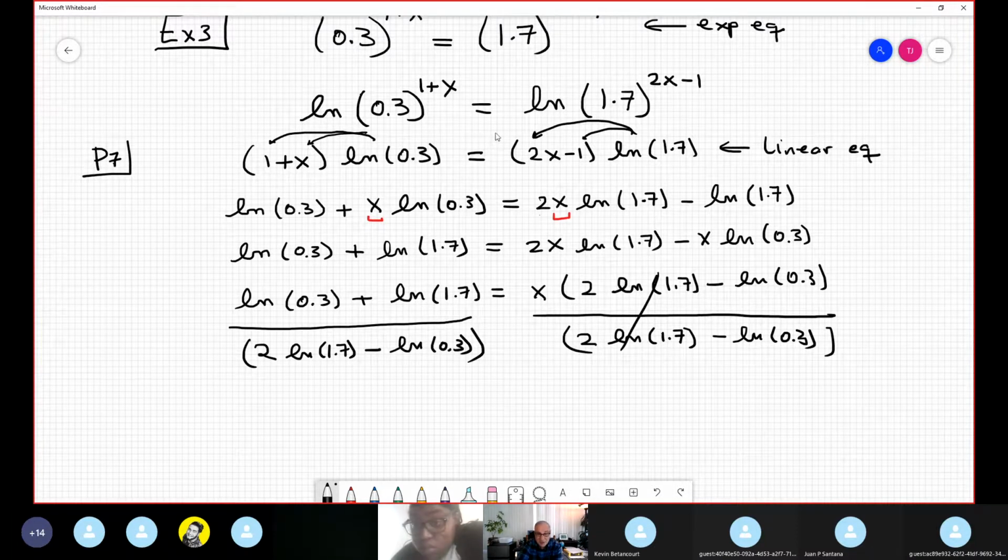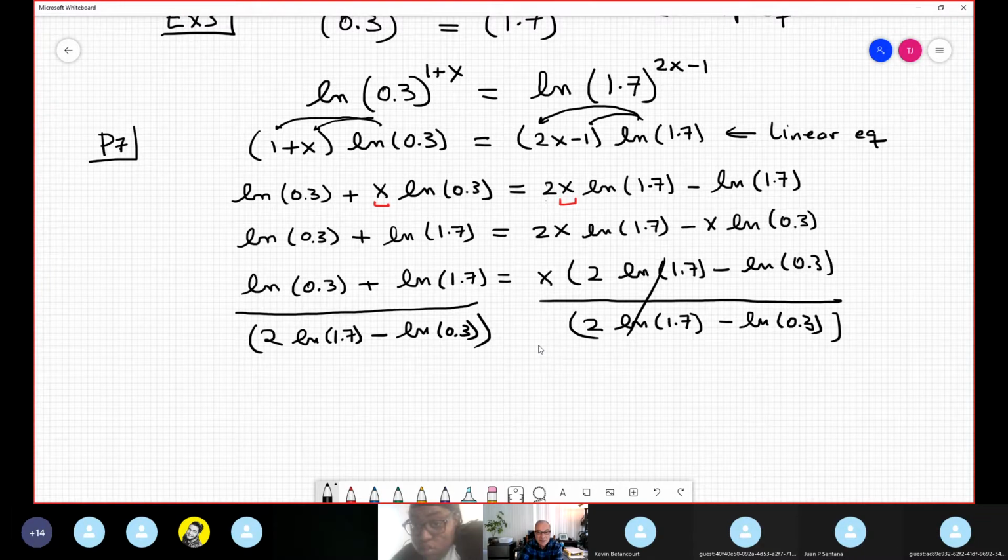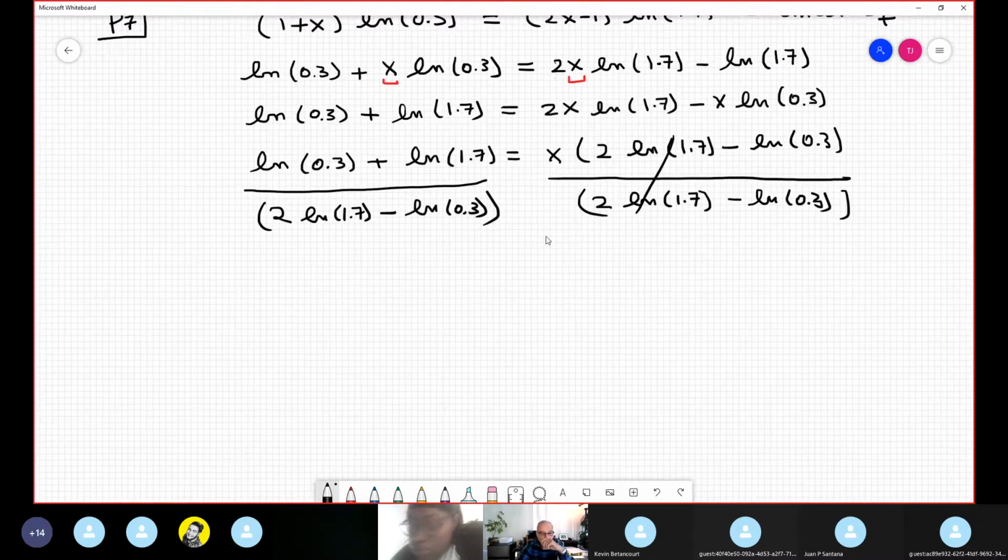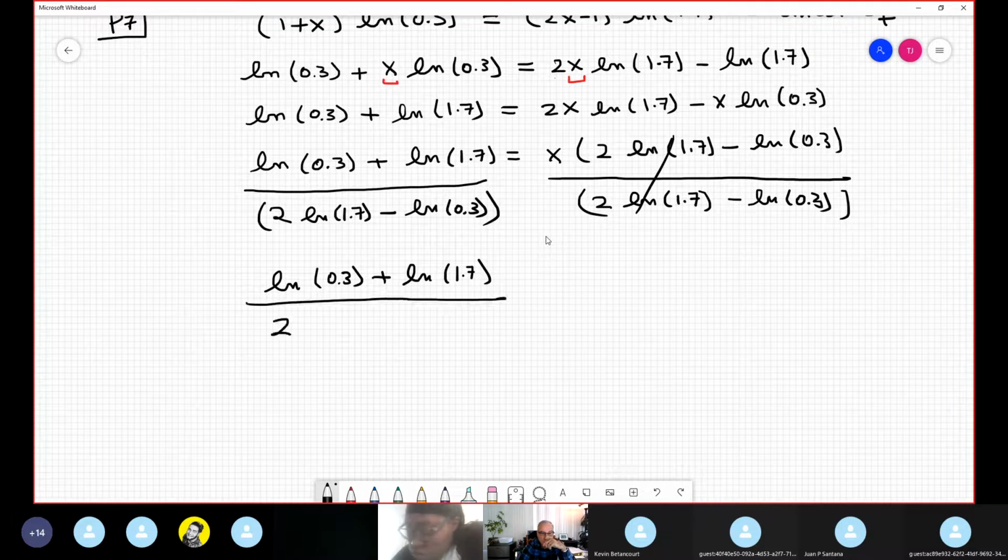That was the intention. And my final answer is then natural logarithm of 0.3 plus natural logarithm of 1.7 divided by 2 times natural logarithm of 1.7 minus natural logarithm of 0.3. It is 6. Okay? That's it.